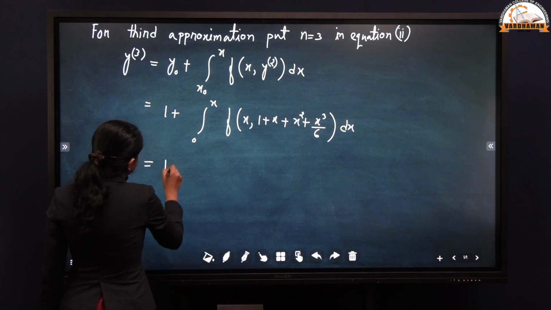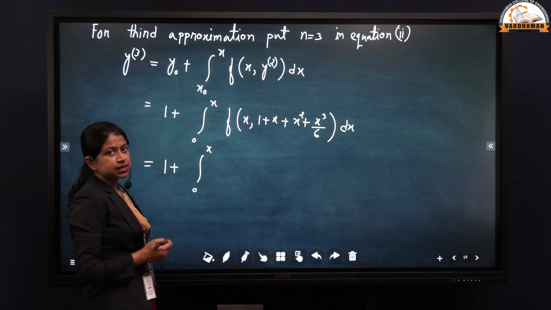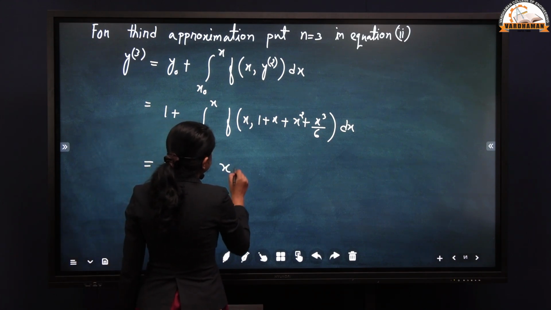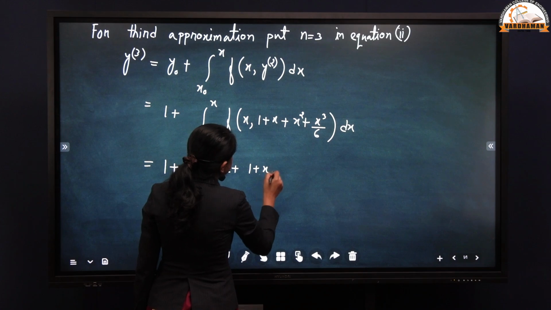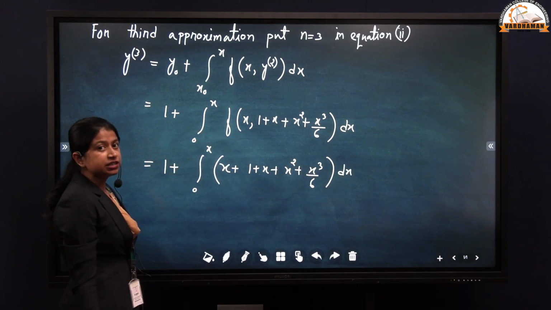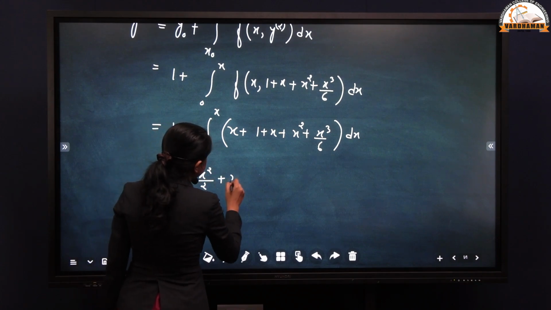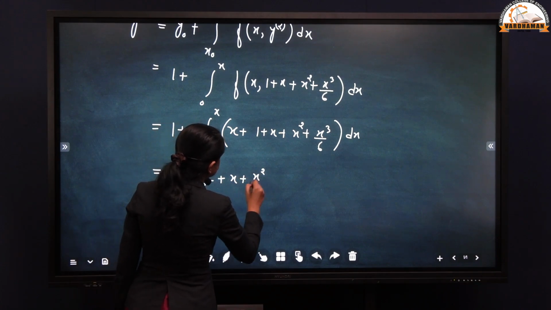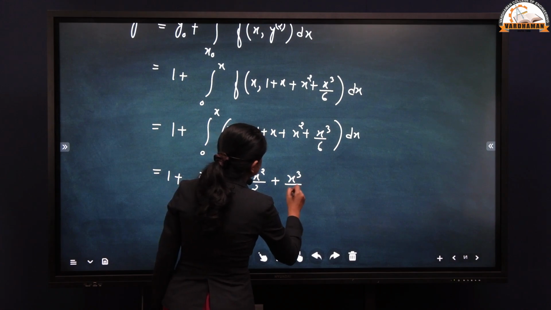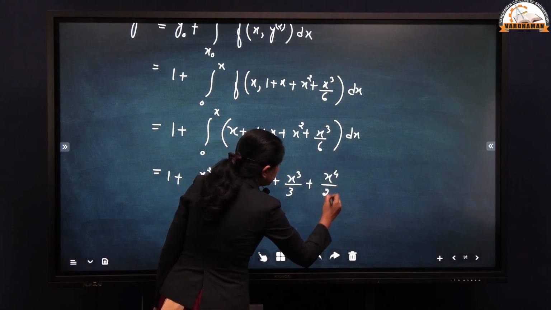We will get 1 plus the integral from 0 to x of f of x comma y, where f is x plus y. It will be x plus 1 plus x square plus x cube by 6. Now let us integrate it. 1 plus x square by 2 plus x square by 2 plus x cube by 3 plus x to the 4 by 4. Here 6 is there, so it will be 24.